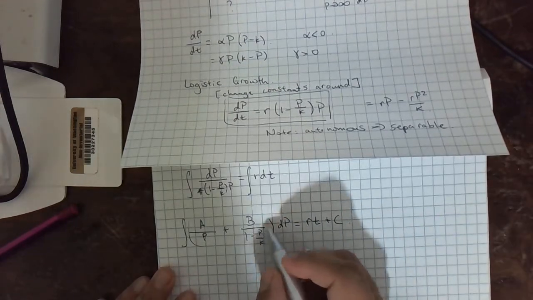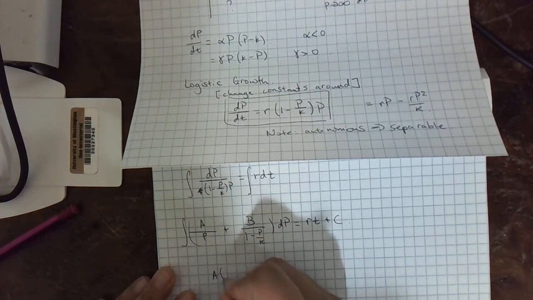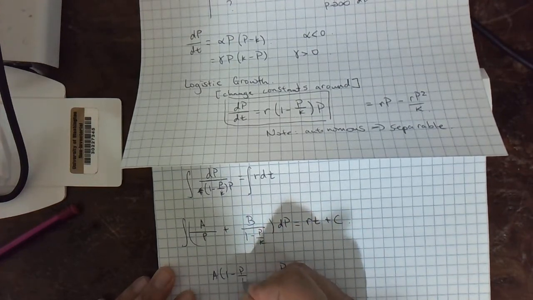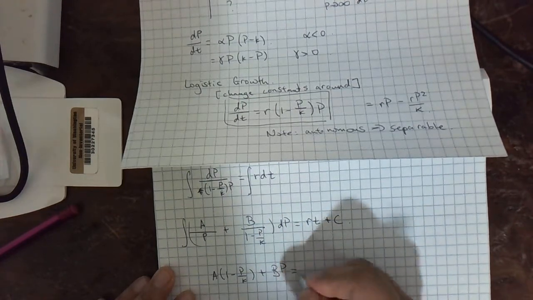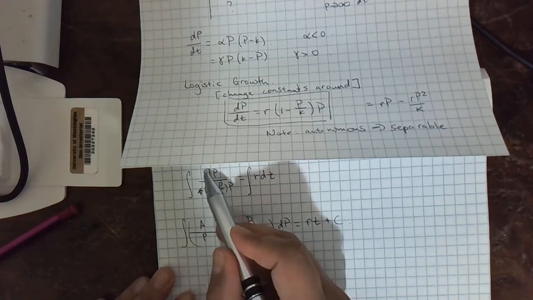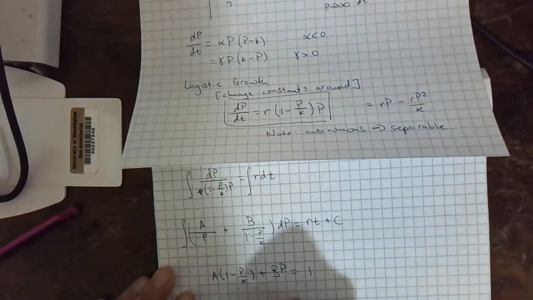So if we find a common denominator, then the numerator we get, a times 1 minus p over k plus bp, and that has to be compared to this fraction, which is 1 over the common denominator, so that has to equal 1.